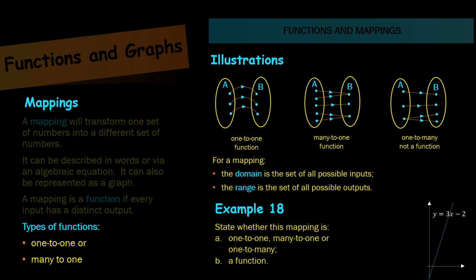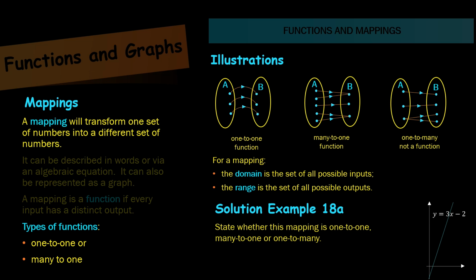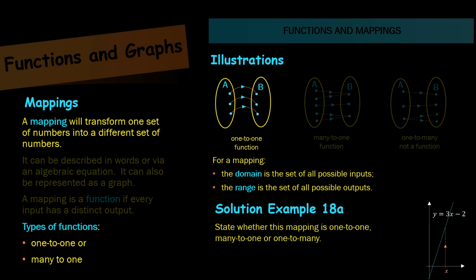So let's solve this. Is this mapping one-to-one, many-to-one, or one-to-many? If we take a look at the graph, we can see that each value of x is mapping to a single value of y. Therefore, the mapping is one-to-one.